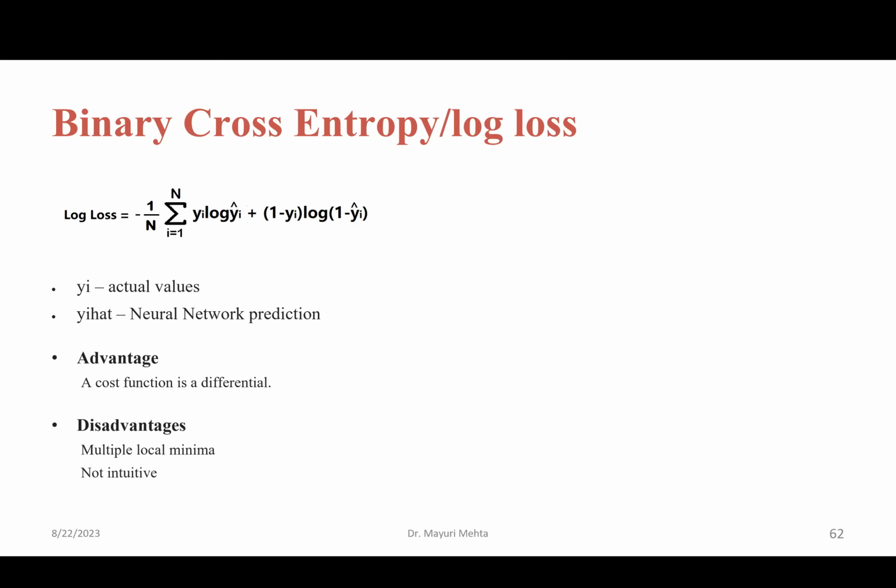Here you can see the formula for log loss. Probability is involved in a classification problem, so yi and 1 minus yi are used. yi is the actual value, or target value, or ground truth value. Alongside it, 1 minus yi is also used.